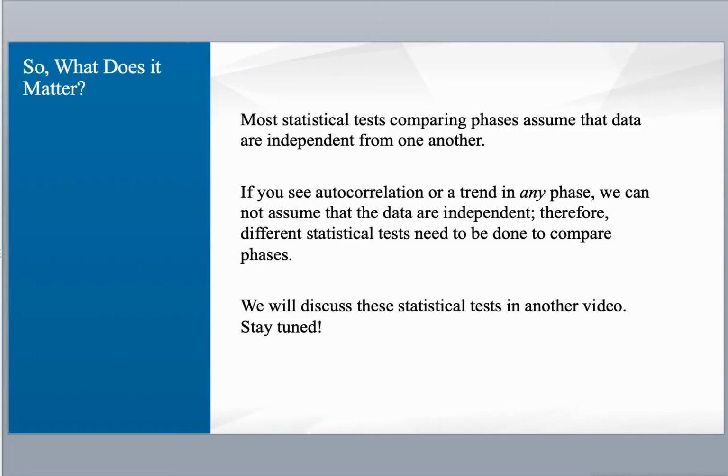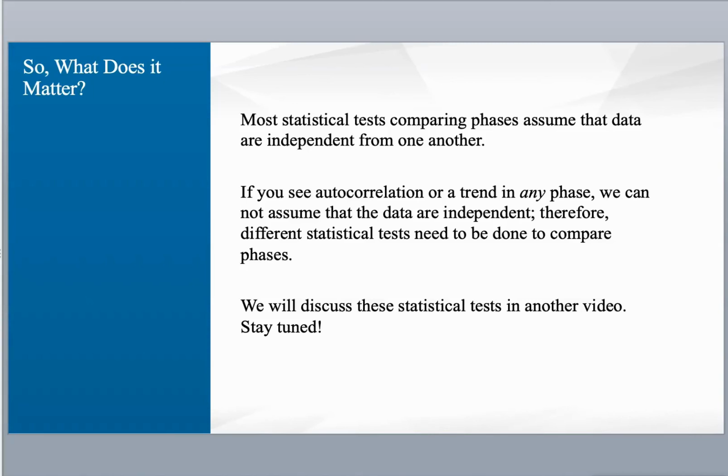And we'll discuss the statistical tests in another video. Stay tuned. That's later in the course. Just get through your baseline paper, noting whether or not you have autocorrelation or a trend in your data. Both very important to keep in mind.